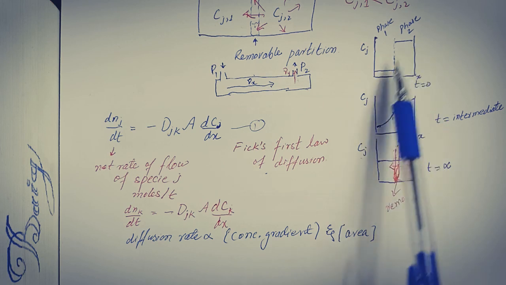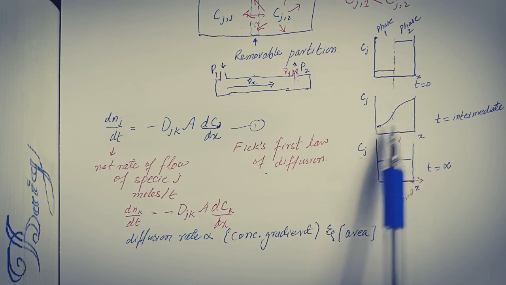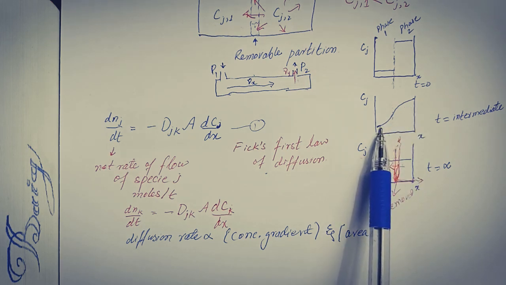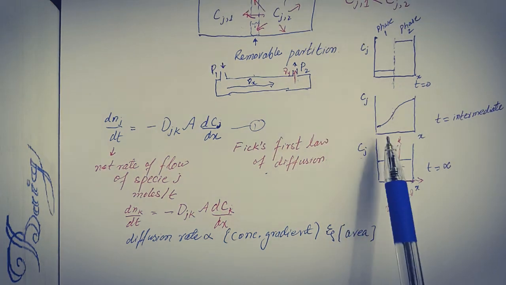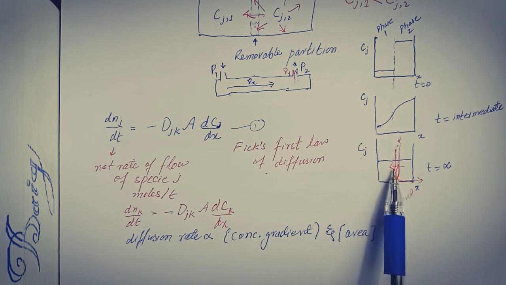So initially the rate is faster, but when the concentration gradient is narrowed, the rate of flow is reduced and eventually becomes zero when the concentration gradient is normalized, and at this stage the diffusion process is stopped.